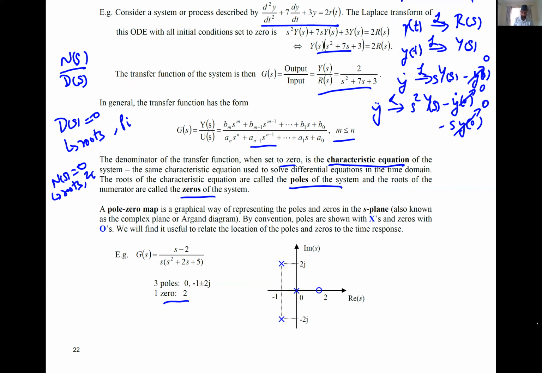We can see the roots are 0, and then the roots of the quadratic term, which are a complex conjugate pair. So we end up getting 3 poles. On the complex plane, the zero is at 2, and the poles are at 0 and a complex conjugate pair at -1 plus minus 2j. So I have 3 crosses. This will be the pole zero map.